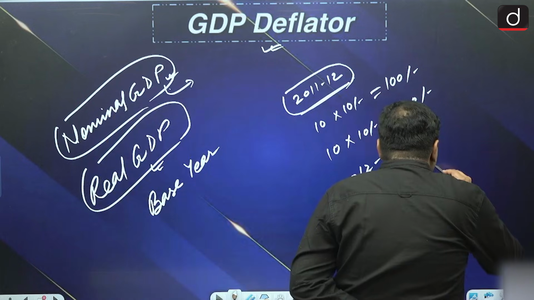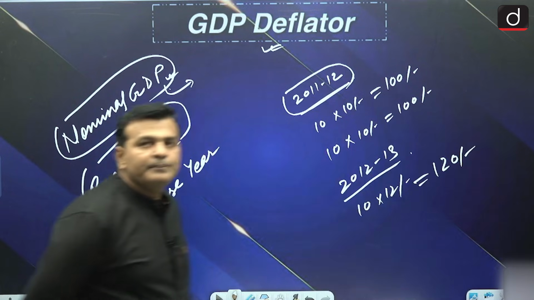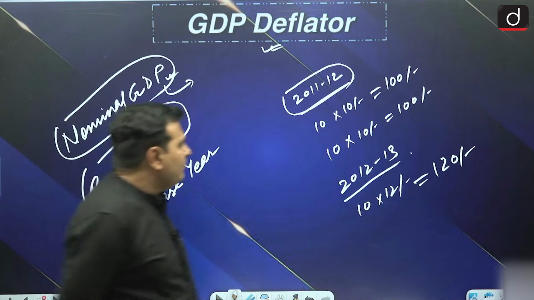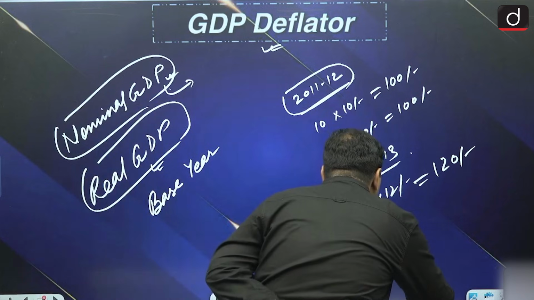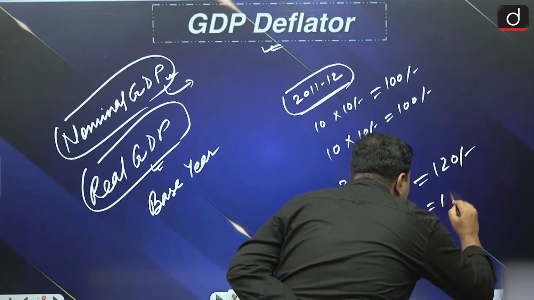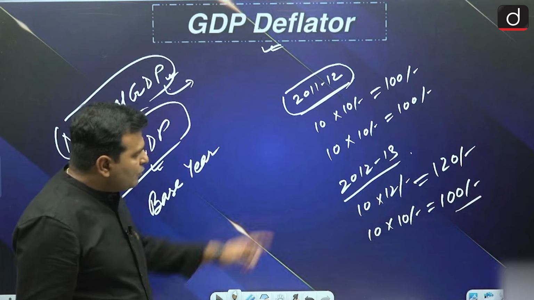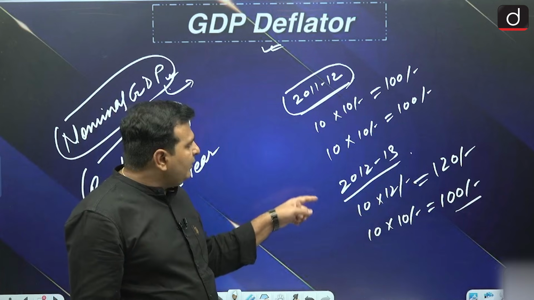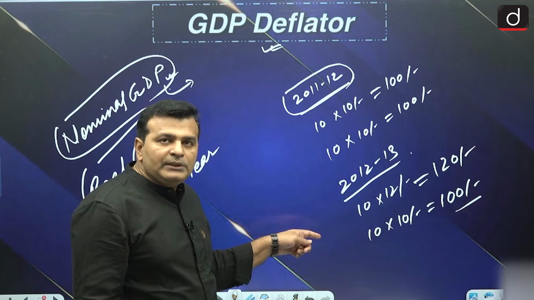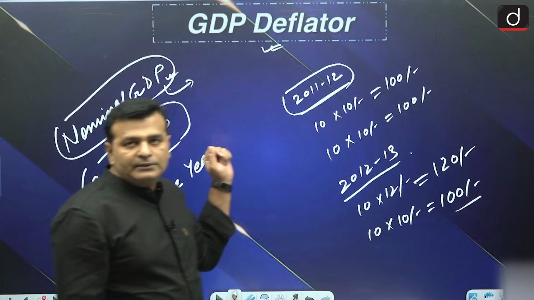Here in this case, the nominal GDP will come out to be 120. But the real GDP will remain the same because the price is constant. So year on year, in order to calculate a real GDP, the price in the base year is taken into consideration.